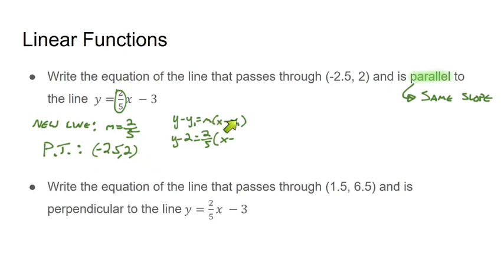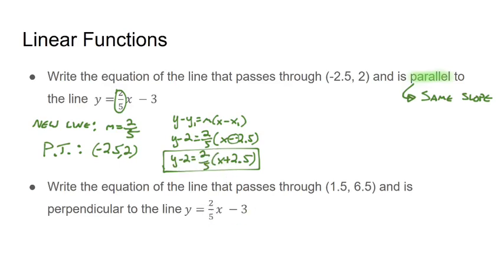We have x minus the point, and our point's a negative 2.5. So once I combine those, we have y minus 2 equals 2/5 x plus 2.5. We're going to leave it in point slope form for the purposes of this video. If you need to go to slope intercept form, you just distribute the 2/5 and then add 2 to each side.